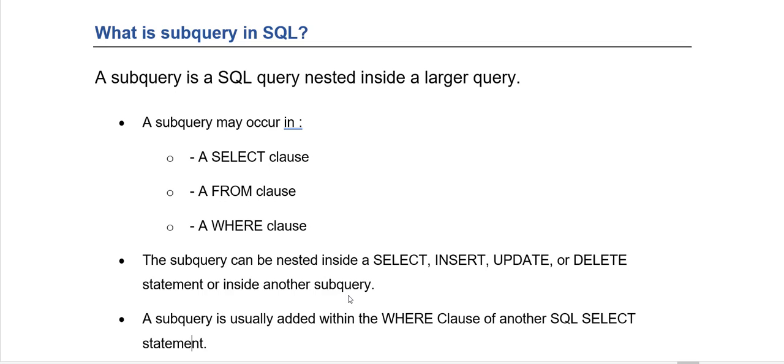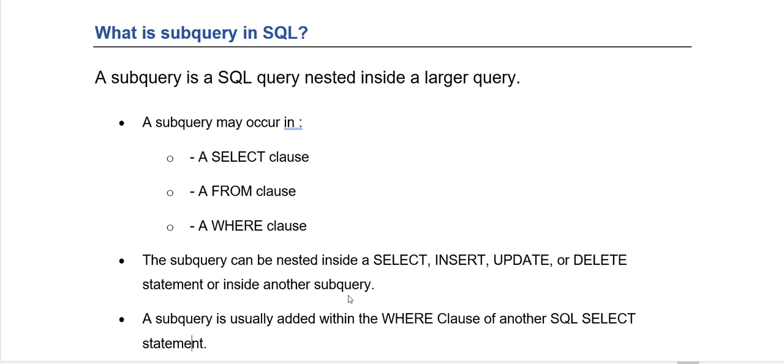So a subquery can exist anywhere: in the select part, the from part, or the where part of the query. The subquery can be nested inside a select, insert, update, or delete. So you can use subqueries with insert, update, and delete, and you can use them within other select queries as well, which is called nested subqueries.